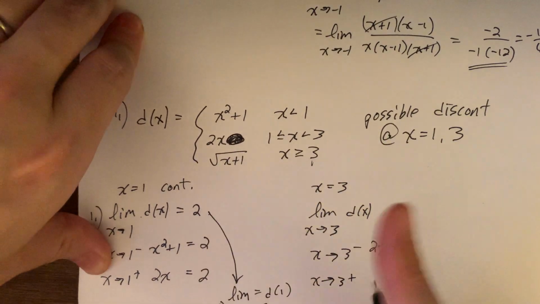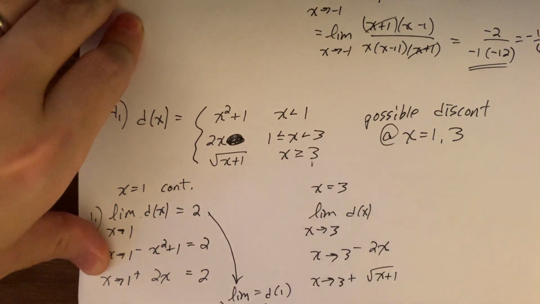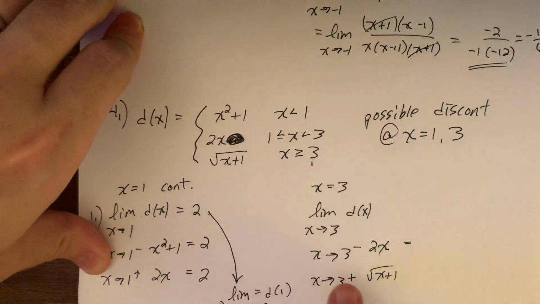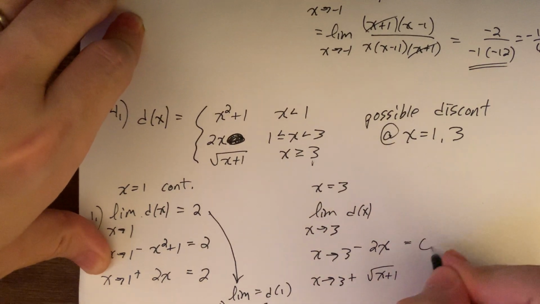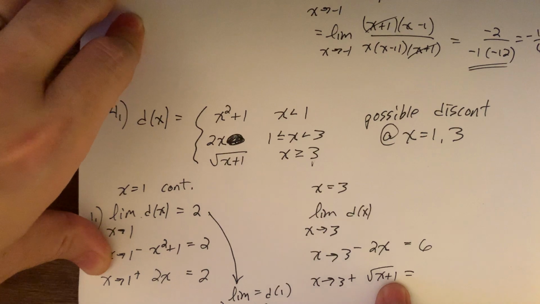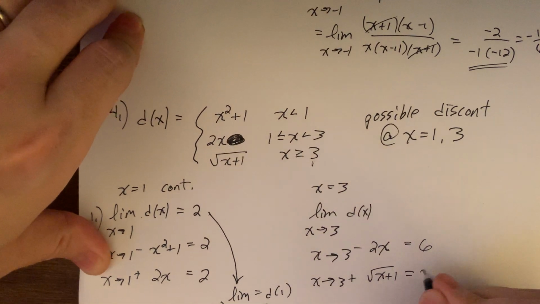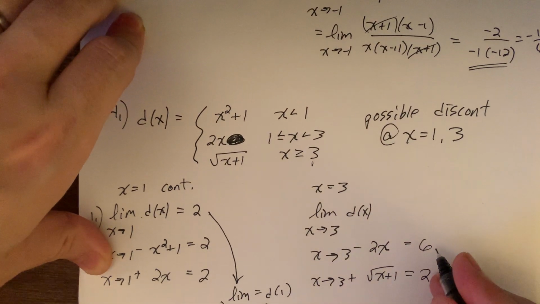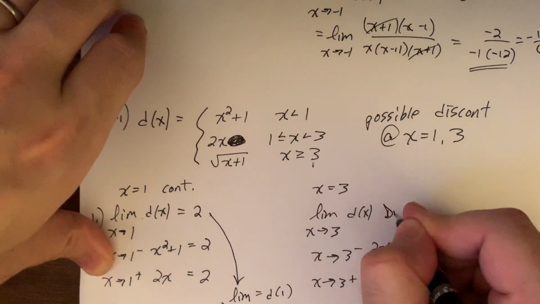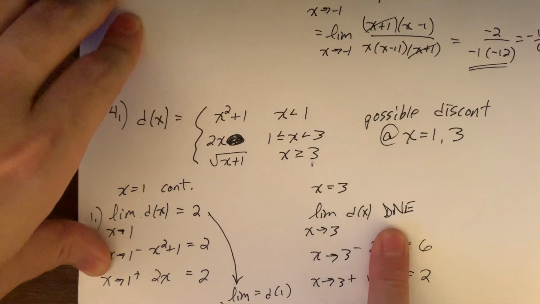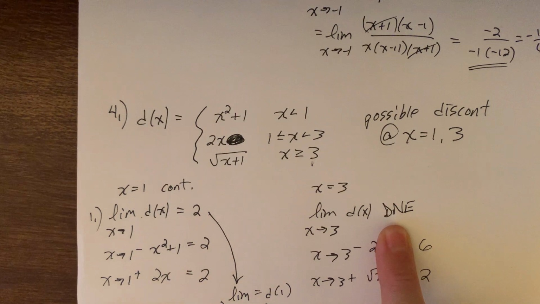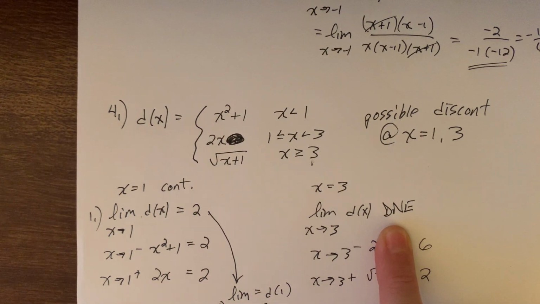Fall in here. Use the square root of x plus 1 piece. But when I plug in 3 here, I get 6. When I plug in 3 here, I get the square root of 4, which is 2. The limit from the left doesn't equal the limit from the right. So this limit does not exist.